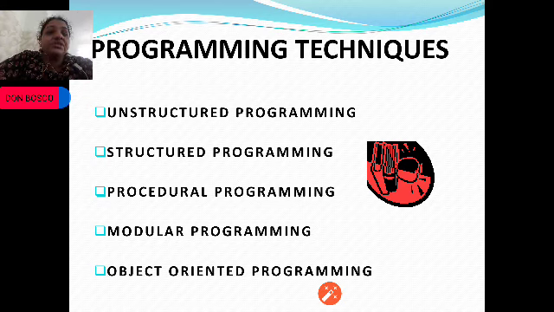A procedure is a small program, a sub-program, written to do a specific task. One procedure can do one task. A procedure also has many other names: subroutine, subprogram, function, or procedure.